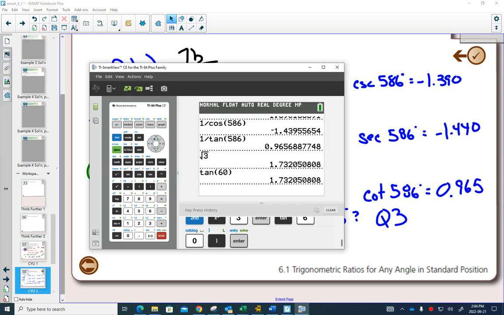Eventually, you'll be able to just see tan of 60 and tell me it's root 3 from memory right away. Be like, cos of 225 degrees, negative square root of 2 over 2. It probably won't be that fast right away, but eventually you'll have to have those all right away.